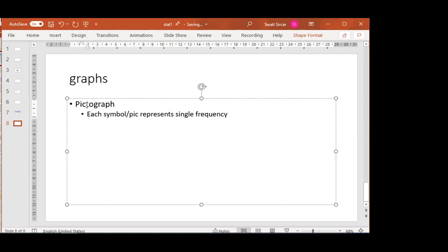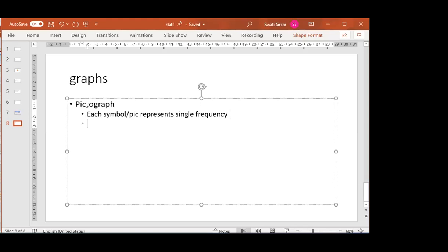So if the frequency in a category is, let's say, 3, then you will have 3 smileys or 3 symbols to show that. Now, as you get data sets with larger frequencies, it becomes difficult to show it using a pictograph.